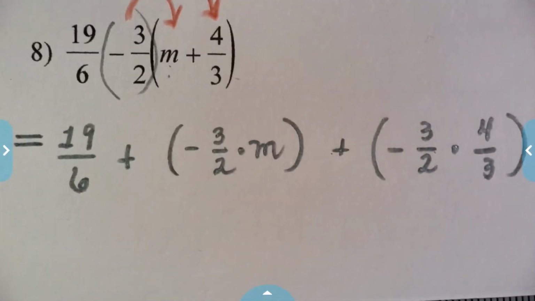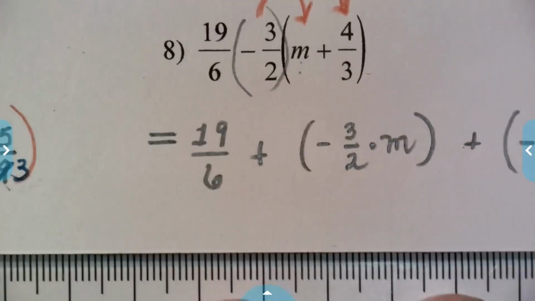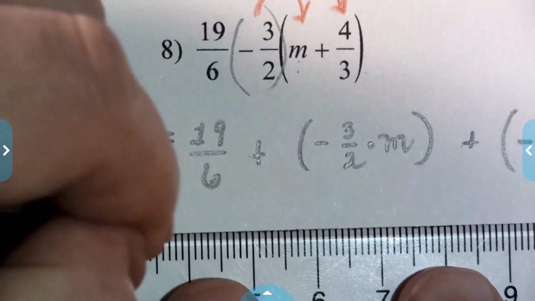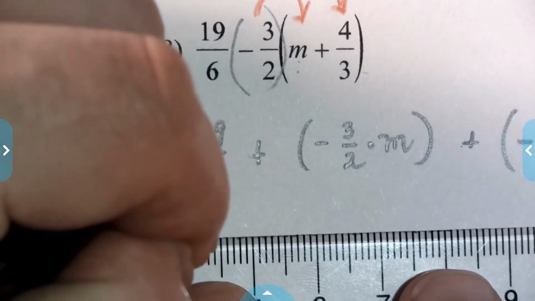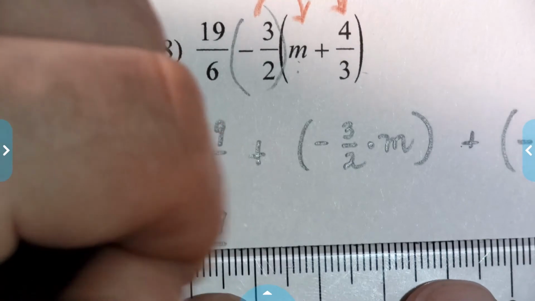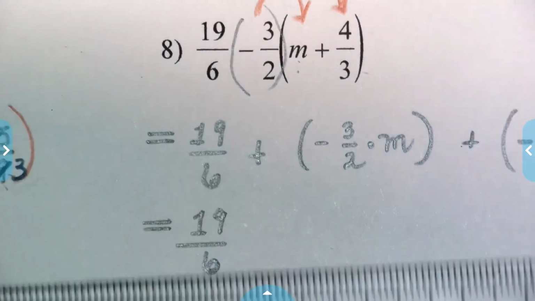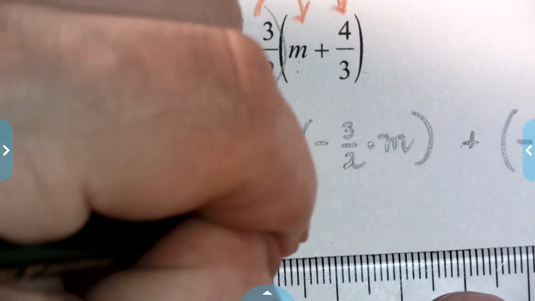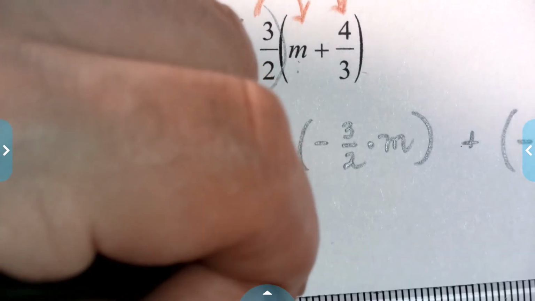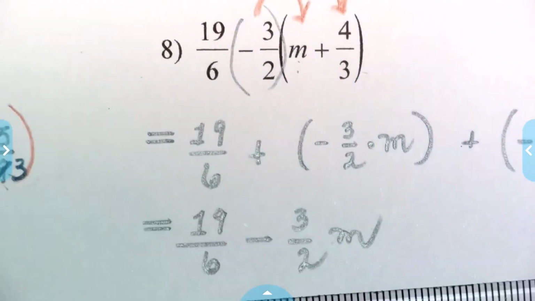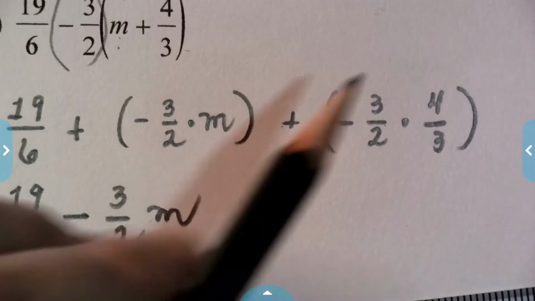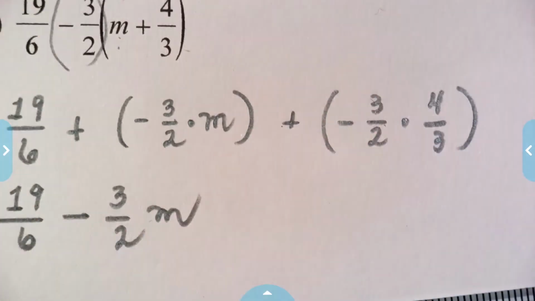Okay. Now let's just keep going. So here we've got 19/6 minus 3/2m. And then we better look, we can cancel some stuff here.